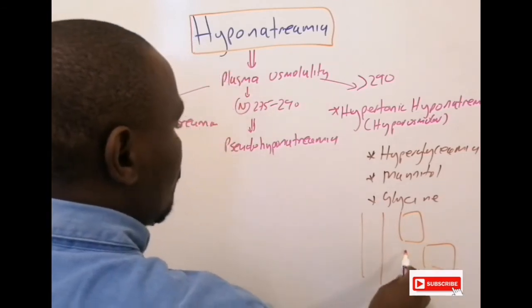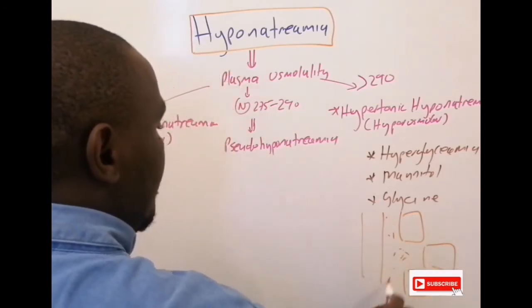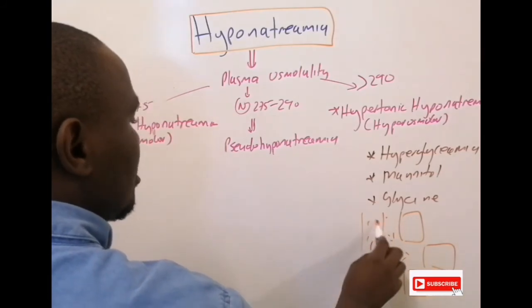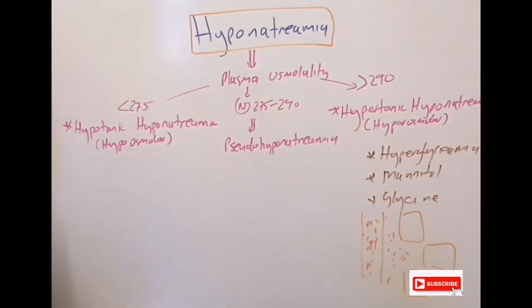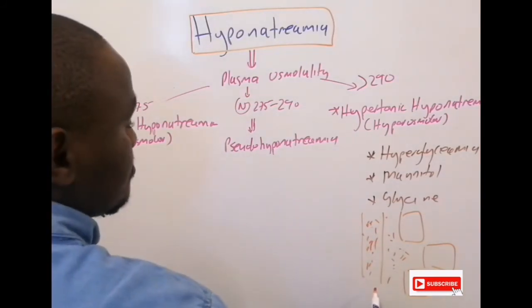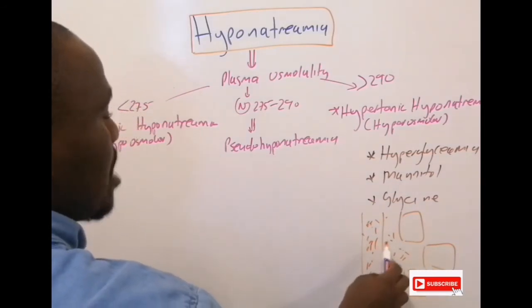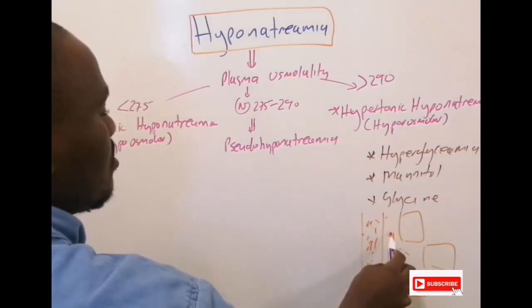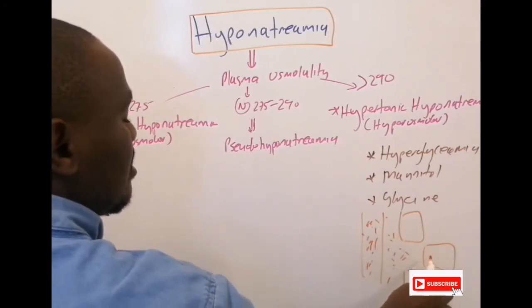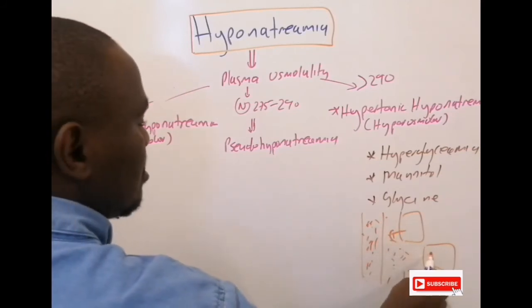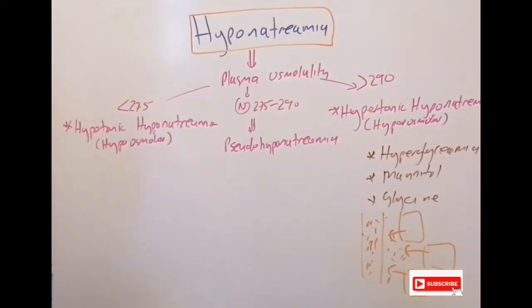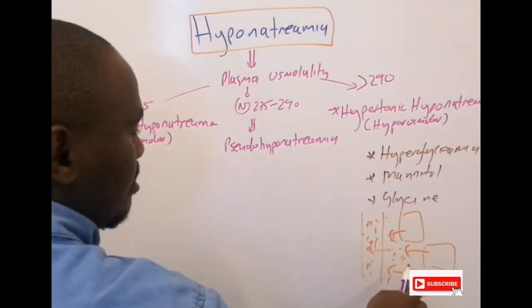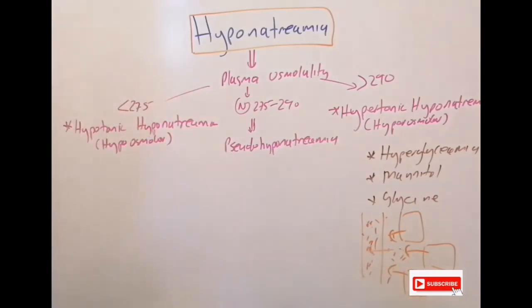So you've got glucose in the intravascular space. Now the sugar is going to pull the intracellular fluid out into the extracellular compartment, or the interstitial, and that water is also going to move from there into the intravascular space.